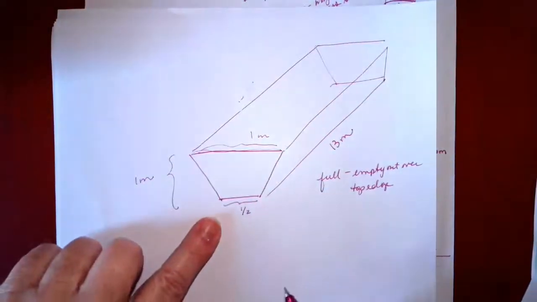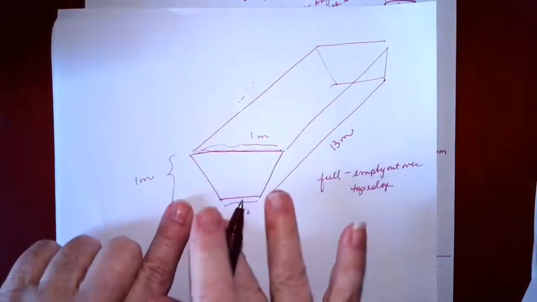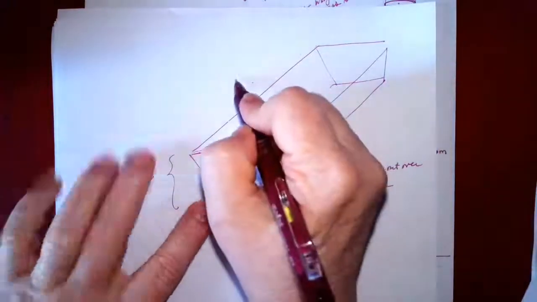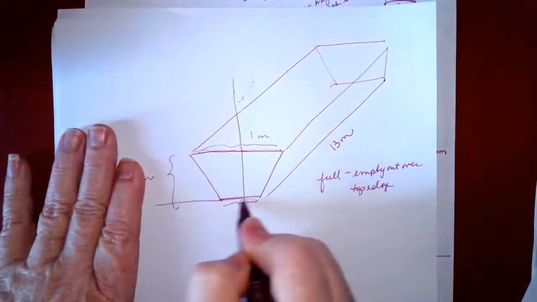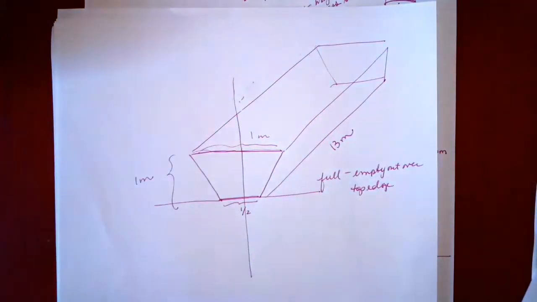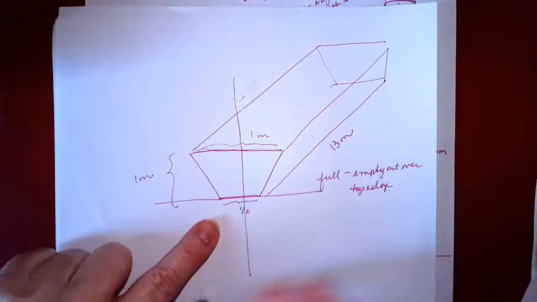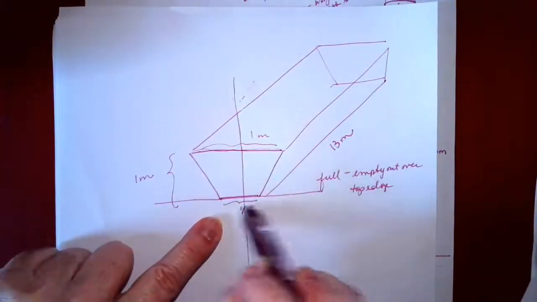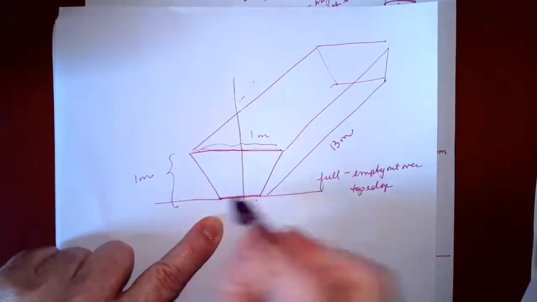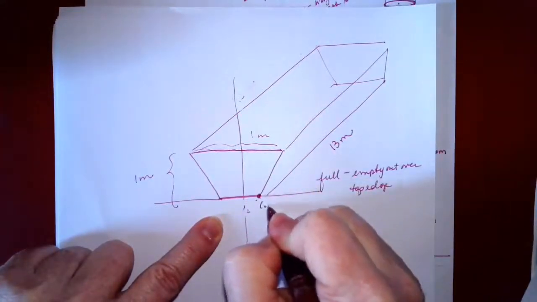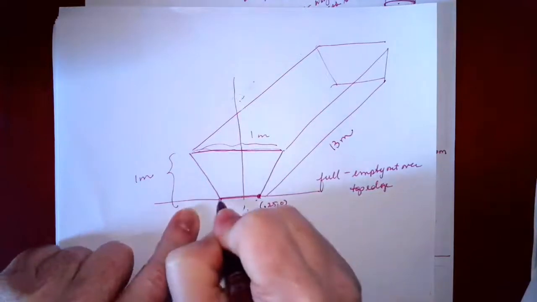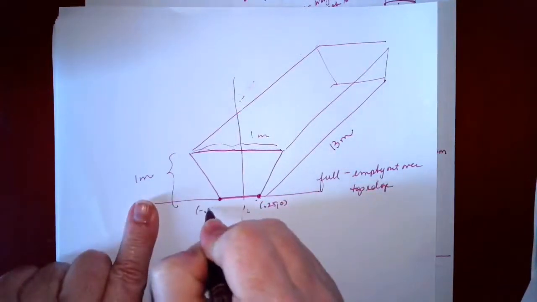So what I do is, for my end cap here, this trapezoid, I'm going to center that on the XY axis. Okay, pretend like that's centered. All right, so if this bottom is 1/2 of a meter wide, then with that centering, this point would be at 0.25, 0, and this point would be at negative 0.25, 0.